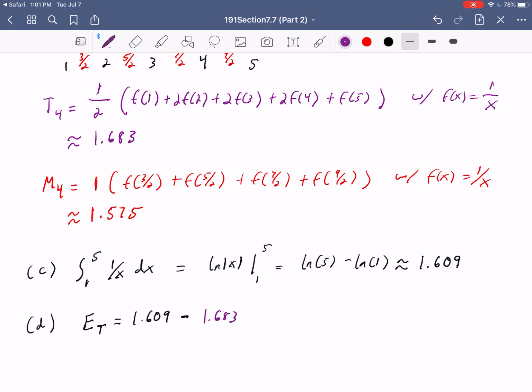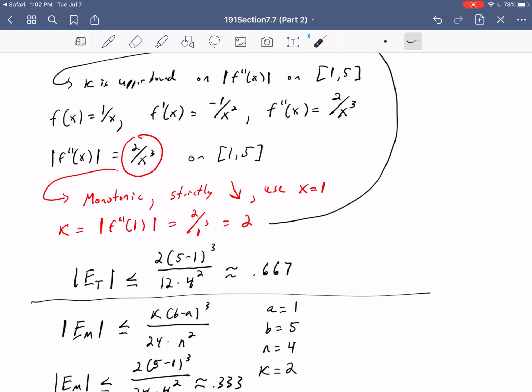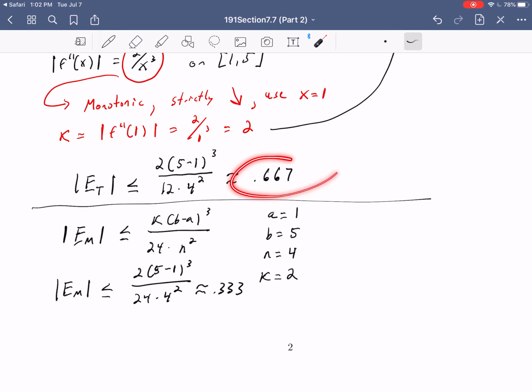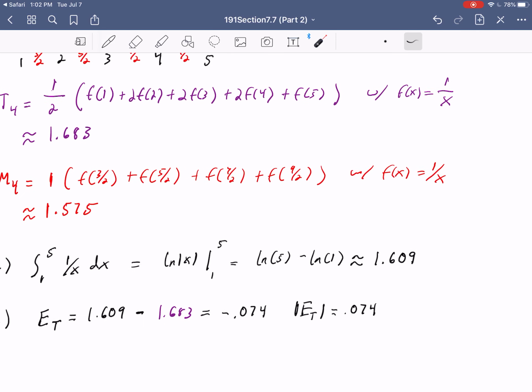And we can see that 1.609 minus 1.683 comes in as being equal to negative 0.074, which means that the absolute value, in other words, the magnitude of the error here, is 0.074. So the trapezoidal estimate, when we did it with 4 partitions, was off by about 0.074. Is that within what we predicted? Well, the error bound said that the trapezoidal error was guaranteed to be less than 0.667. And you will notice that this is definitely way less than 0.667.